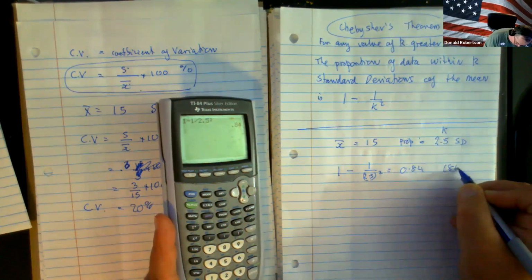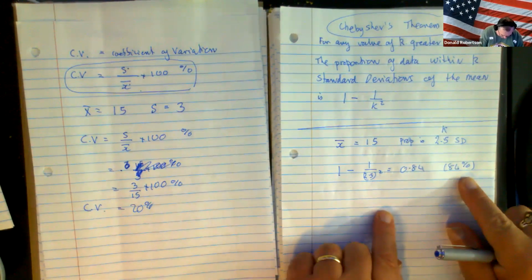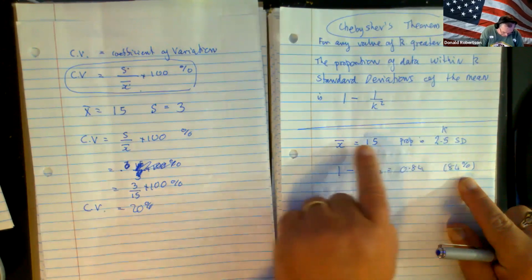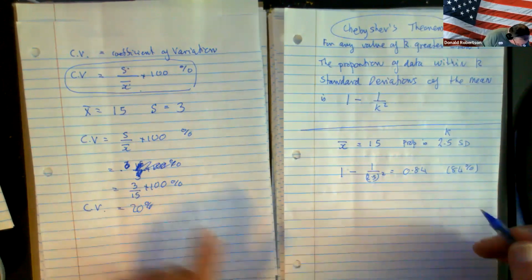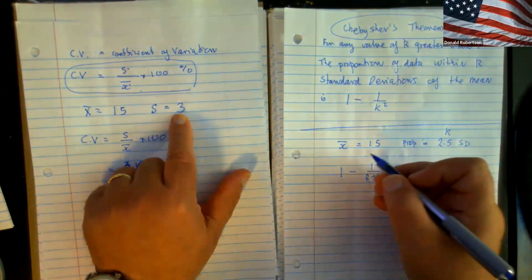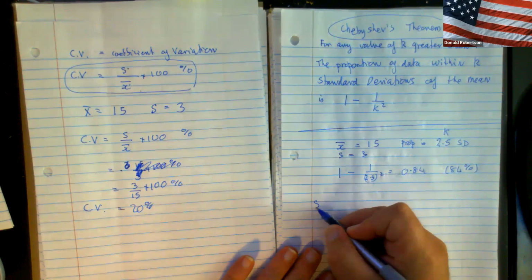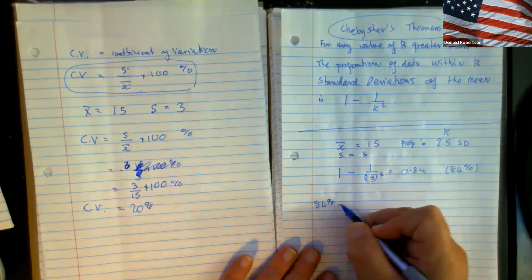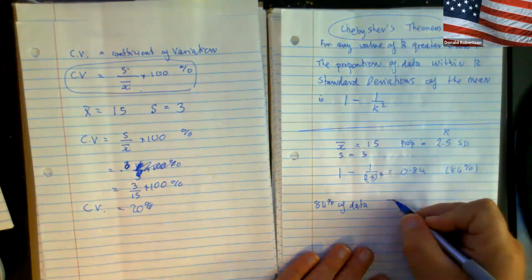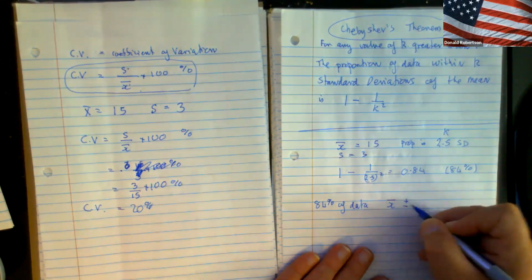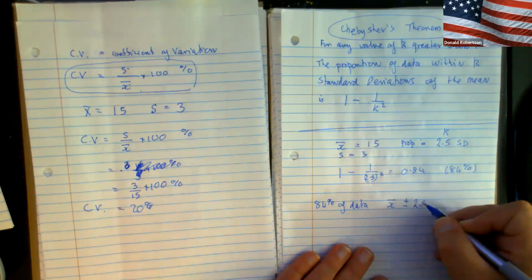So you could say that 84% of the data is within 2.5 standard deviations of the mean.